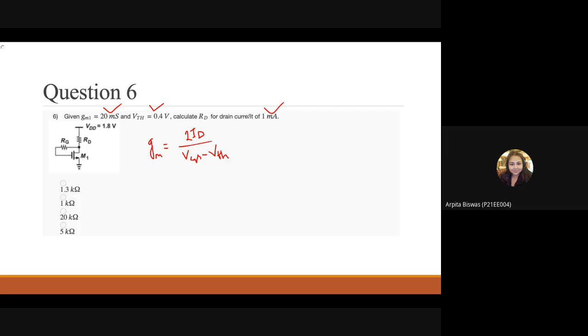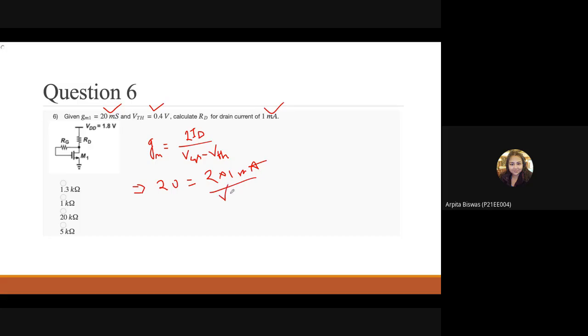So from the equation, GM is 20 and ID is 1 milliamp, so it's 2 into 1 milliamp by VGS minus VTH.